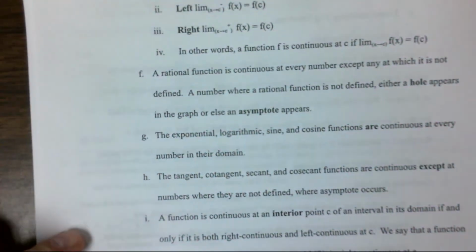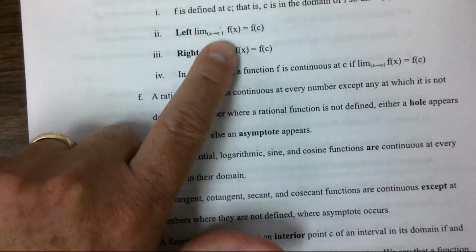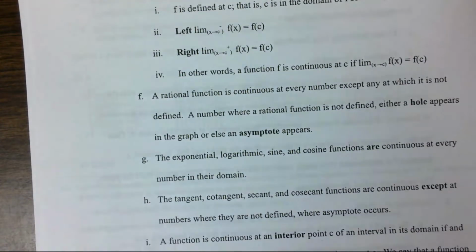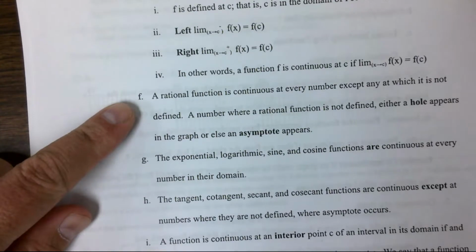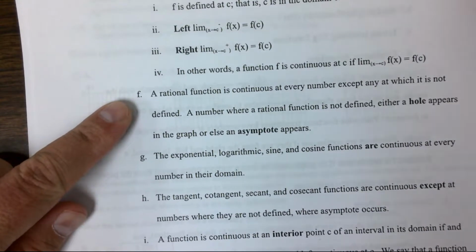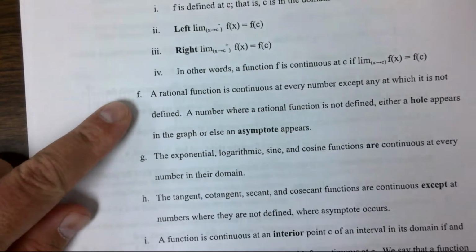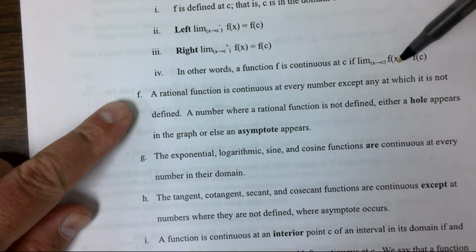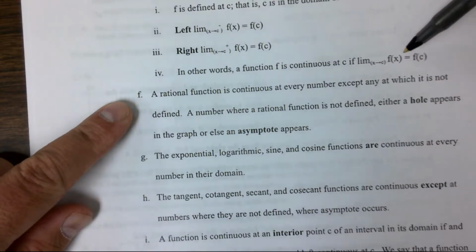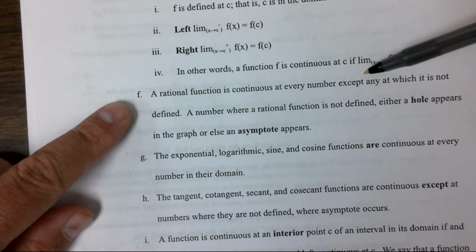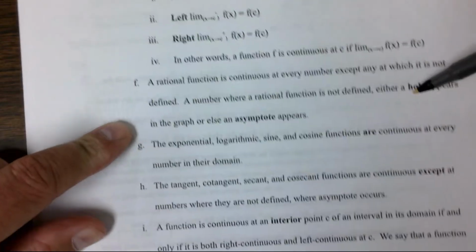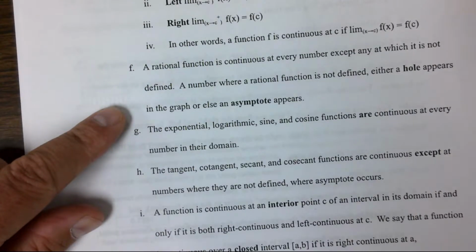You have the limit from the left, marked with a minus, and from the right, marked with a plus, and it's continuous if the limit from the left is equal to the right. And it's continuous also if you can actually plug in your c value and f of x is equal to f of c. So a rational function is continuous except where either a hole or an asymptote appears.